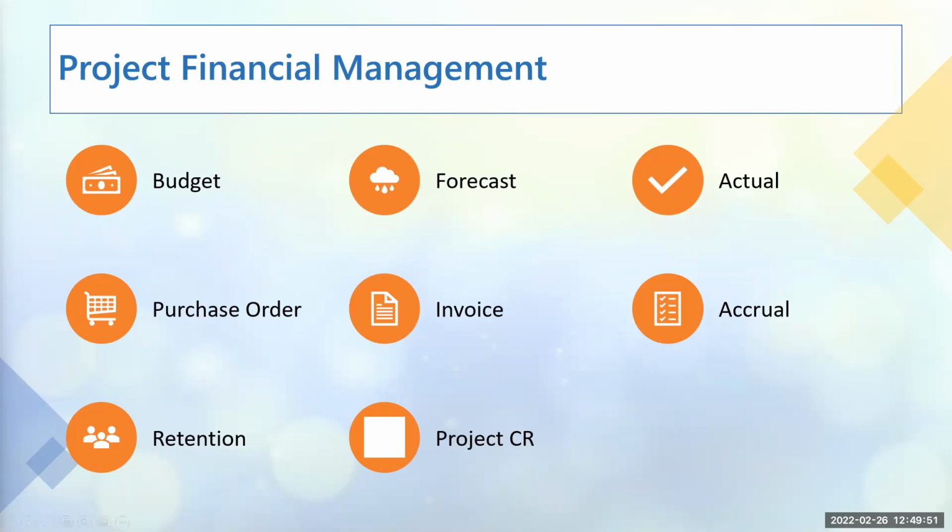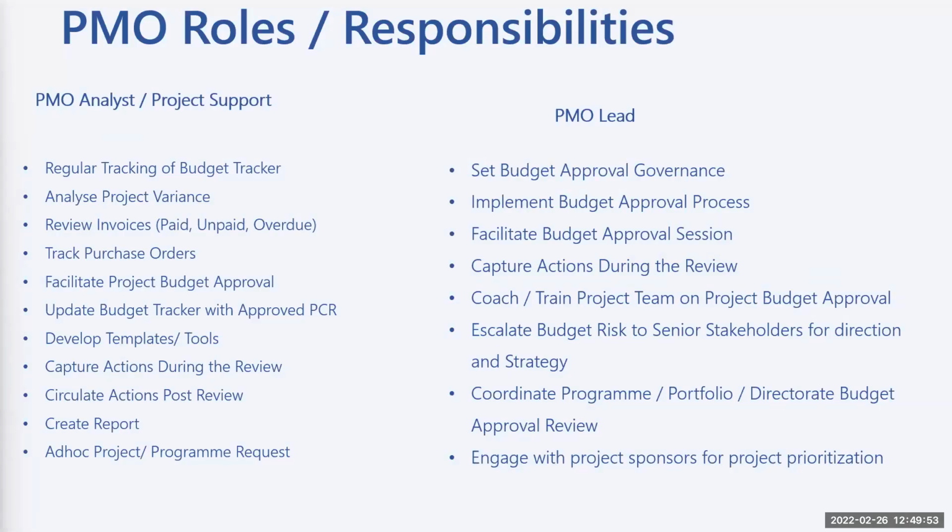I will go to the next one. So that is all I have in terms of project budget. It's not very complicated, so long as you're slightly good with Excel and slightly good with numbers.